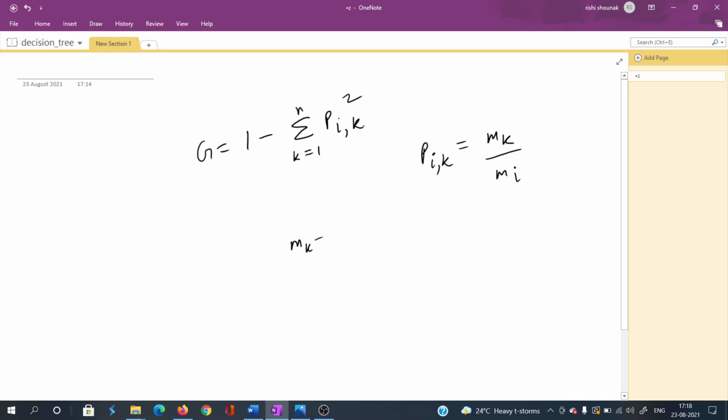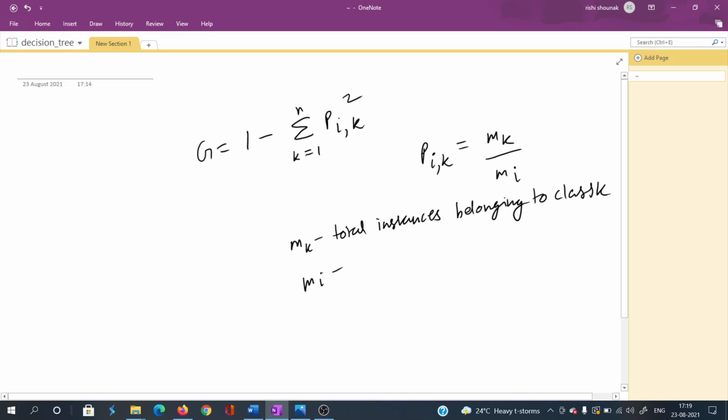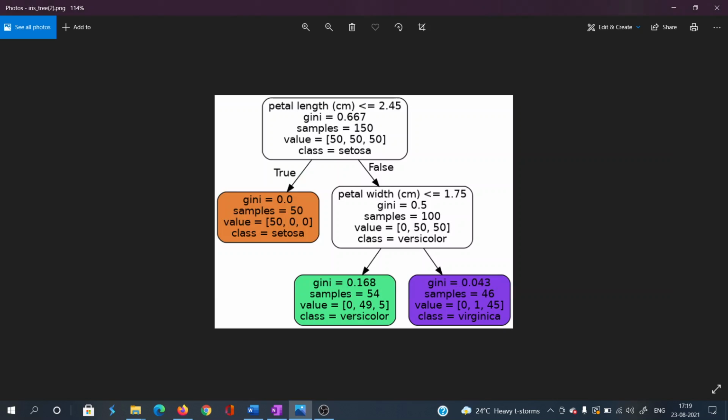Mk, total instances belonging to class k. Mi, total instances in the node.